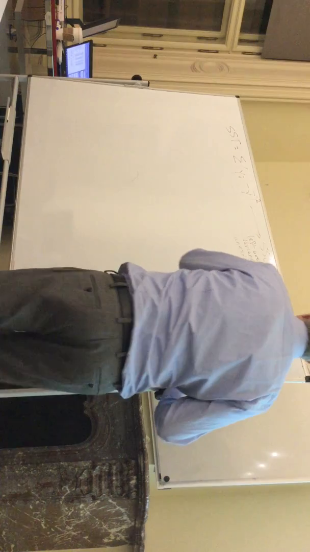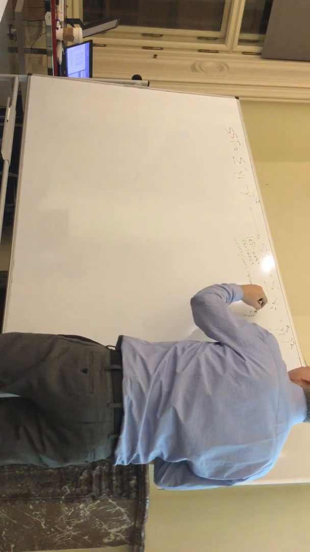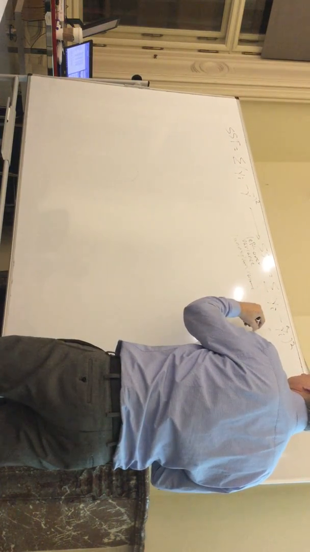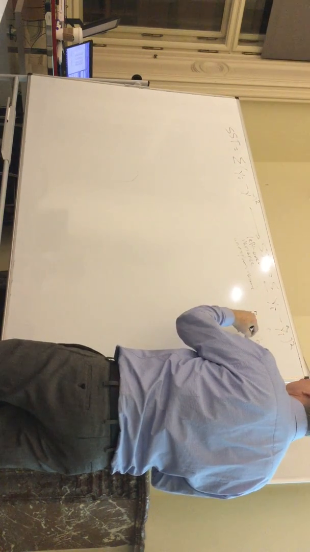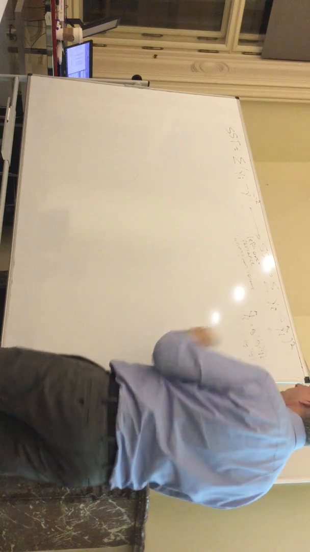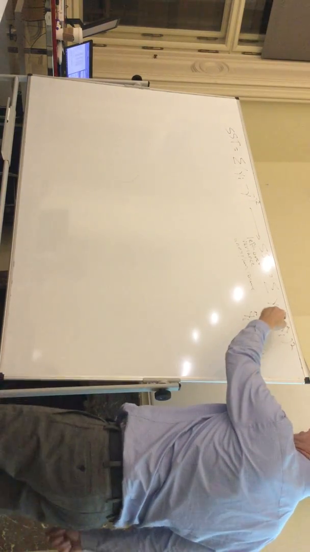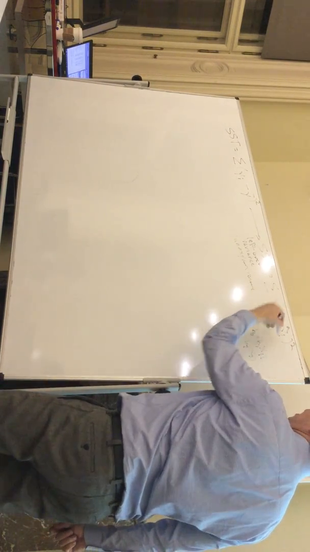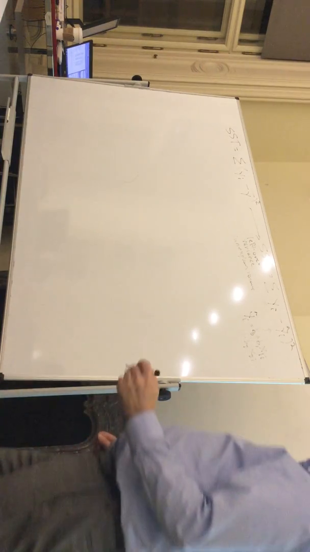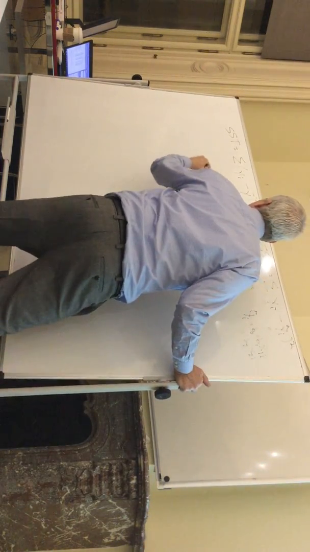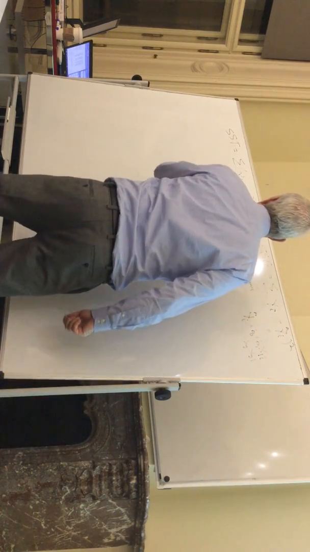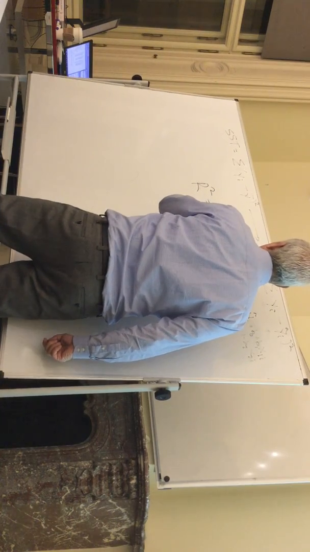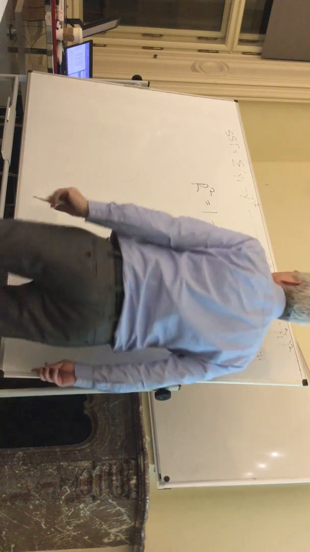Y hat, remember, is y hat i equals b0 plus b1 x1i plus b2 x2i and so on, so y hat is the forecasted value. This is the actual y. That's how far apart they are. And then we measured this R squared, which was just 1 minus SSE divided by SST.